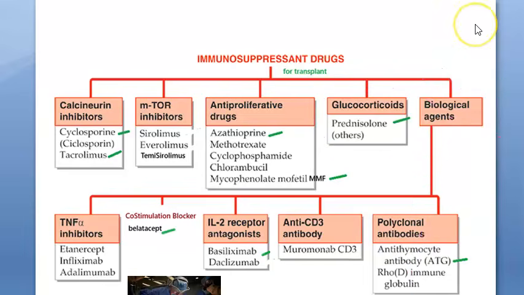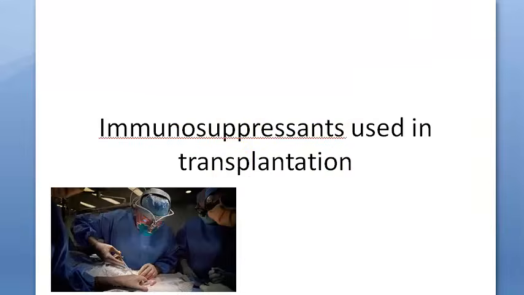So all these excess things don't go and attack. Just suppress the immune system, because we want to transplant something into this person. Don't reject it. That's what we are trying to do.